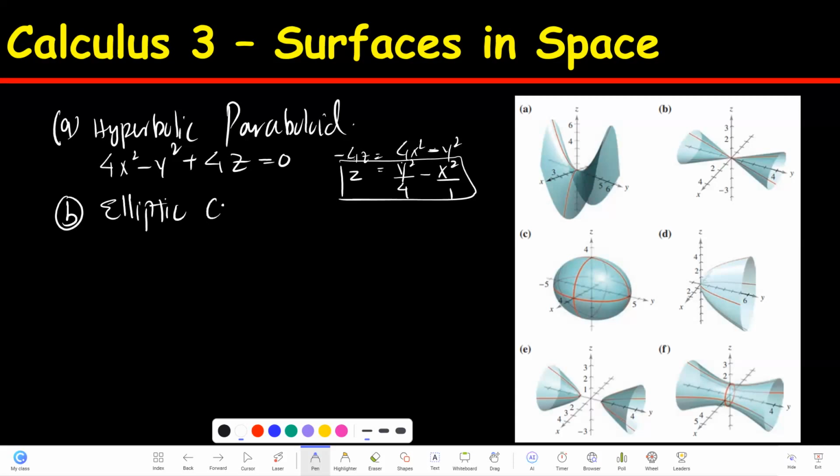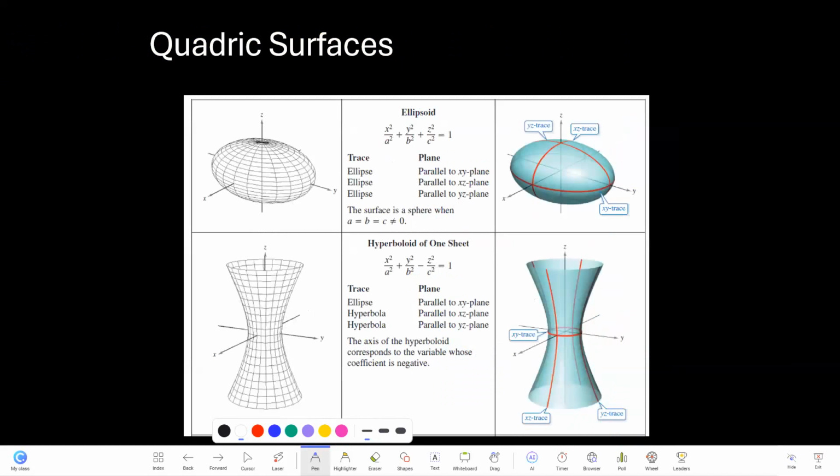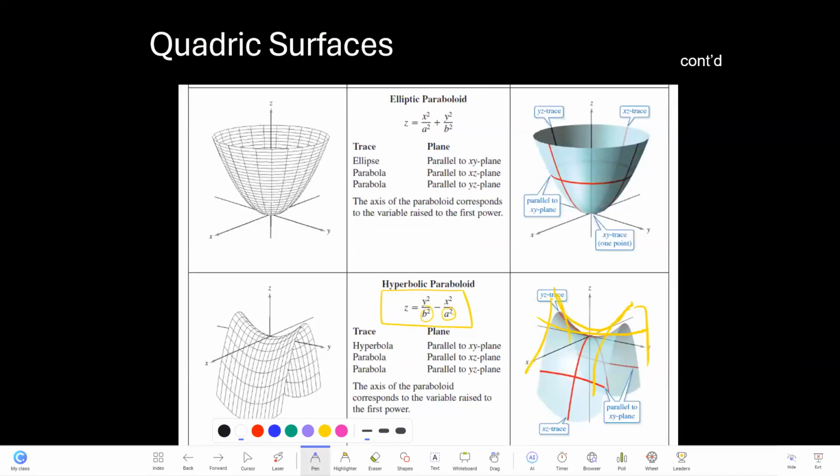C. Ellipsoid, this is an easy one. So D, look at the D, elliptic paraboloid, right? Elliptic paraboloid is right there.